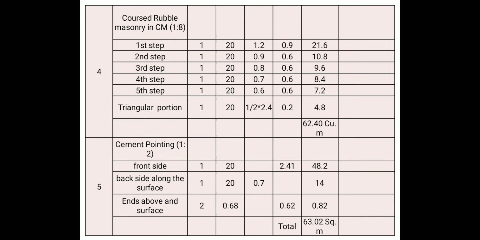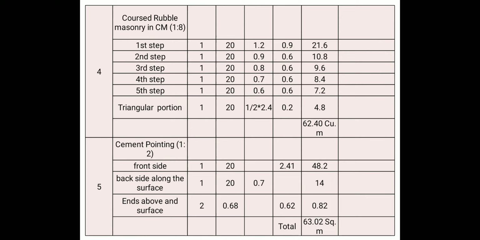For the fourth step it is 120, 0.7, 0.6, 8.4. For the fifth step it is 120, 0.6, 0.6, 7.2. For the triangular portion, it is 120, half into 2.4, 0.2, that makes 4.8. That makes the total coarse rubble masonry in cement quantity 62.40 meter cube.